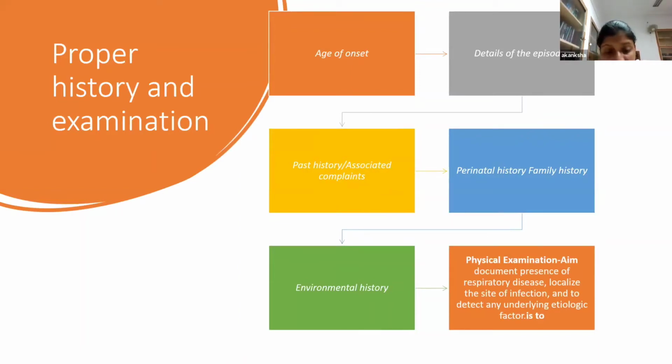Exposure to environmental pollutants should be asked, as indoor or outdoor pollutants or tobacco smoke can predispose the patient to recurrent chest infections. After taking history, physical examination should be done, and the aim of our physical examination is to document the presence of respiratory added sounds, to localize the site of infection, and to detect any underlying etiologic factor too.